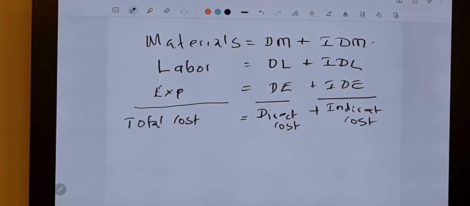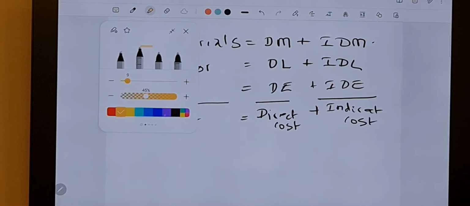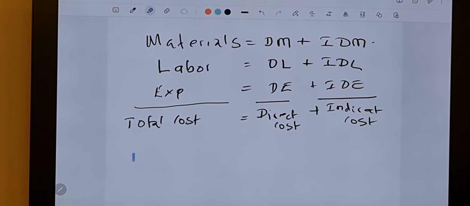Now, if I just write it in a different color, the total cost is equal to direct cost plus indirect cost. You need to click, then the color will change.